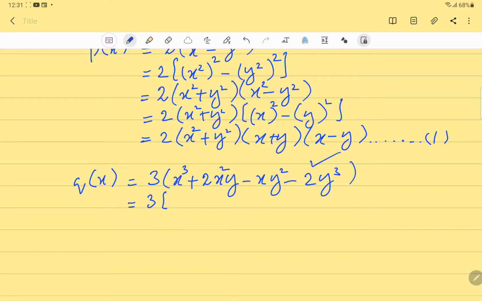we will break this minus 2y cubed into minus y cubed and minus y cubed, and we will bring one y cubed here with x cubed. So we are here now with x cubed minus y cubed, and the remaining expression we will write as it is, 2x squared y minus xy squared, and out of this 2y cubed we have already taken one minus y cubed here, so we are left with only one y cubed here.